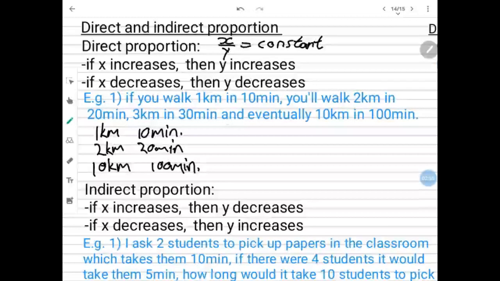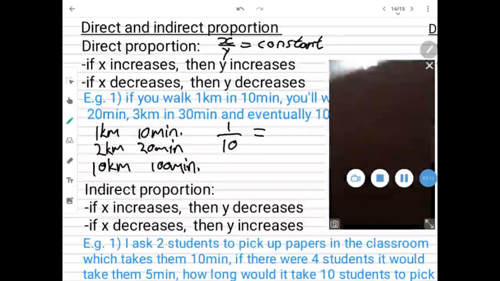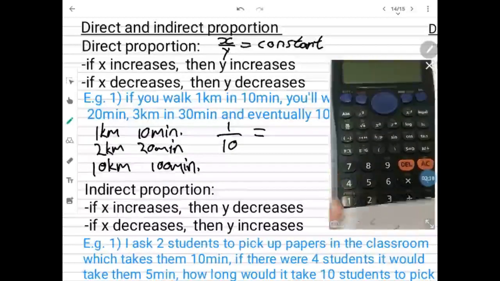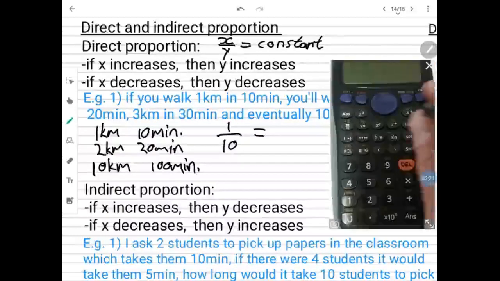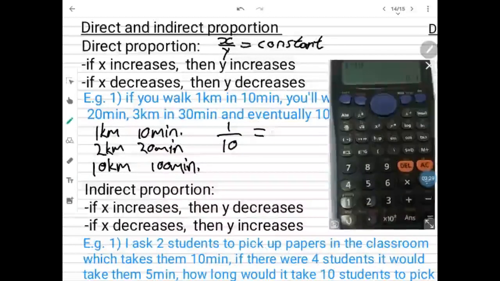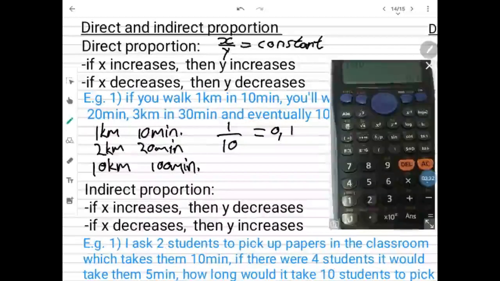So we take the distance divided by the minutes. 1 divided by 10 gives us 1 over 10. If you press SD on your calculator, we get 0,1. Now let's see what happens with the 2 kilometers and the 10 kilometers as well.